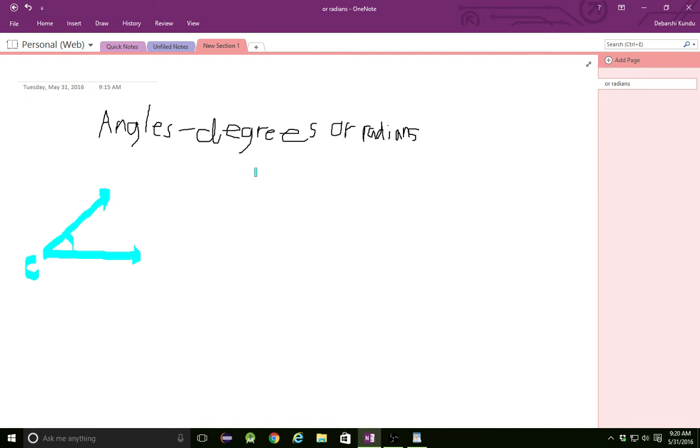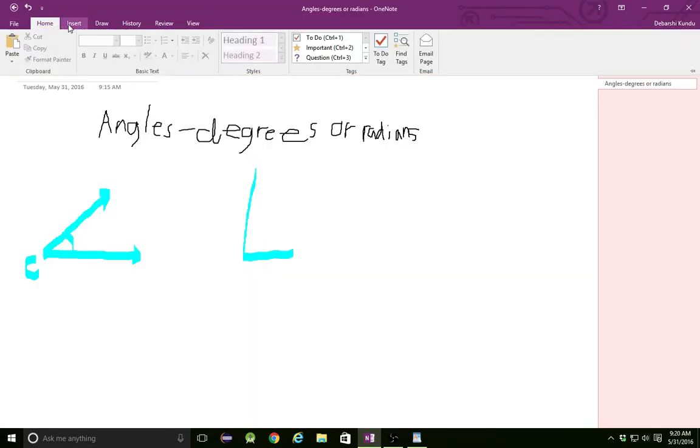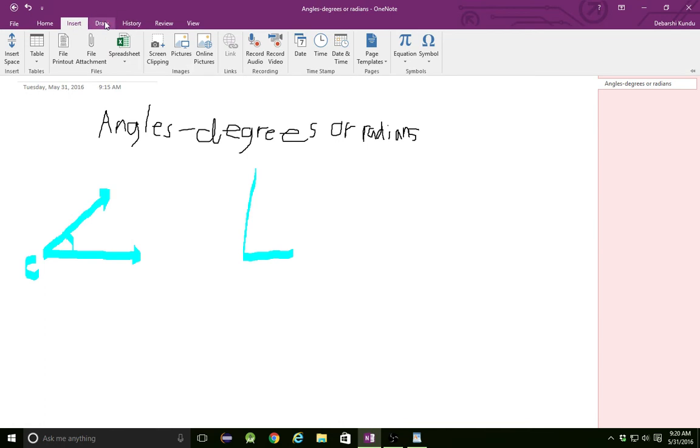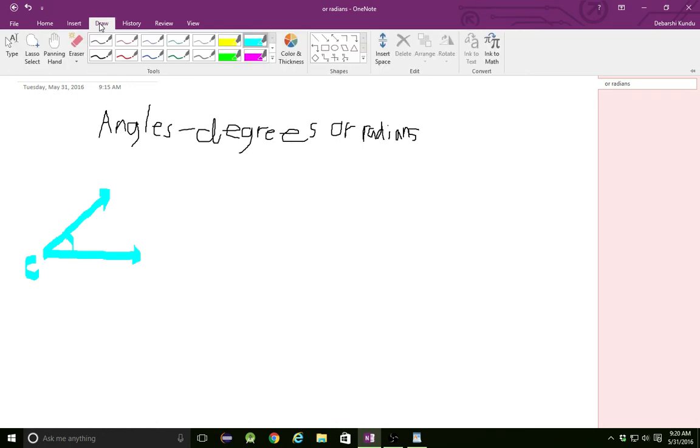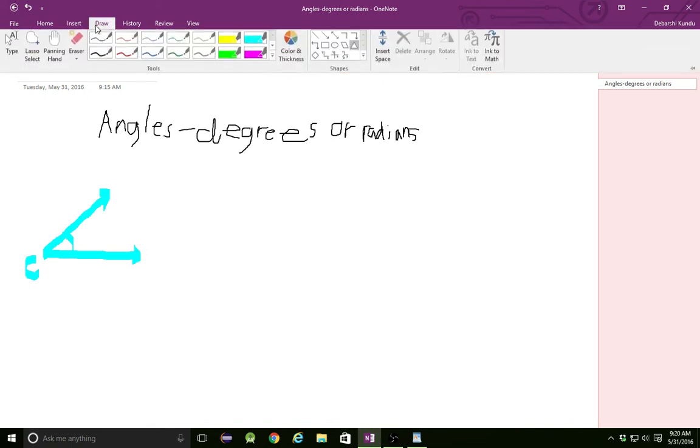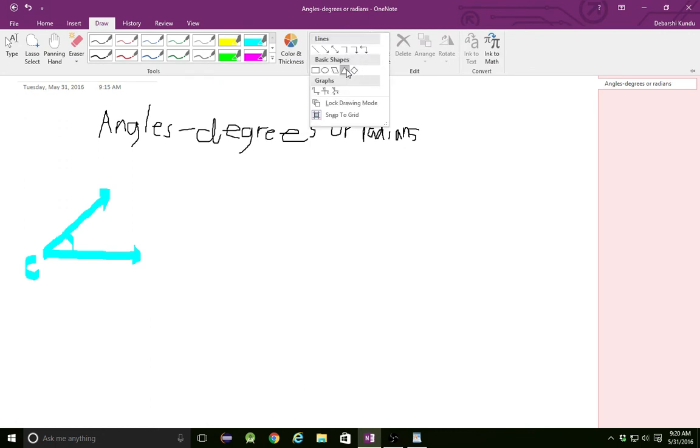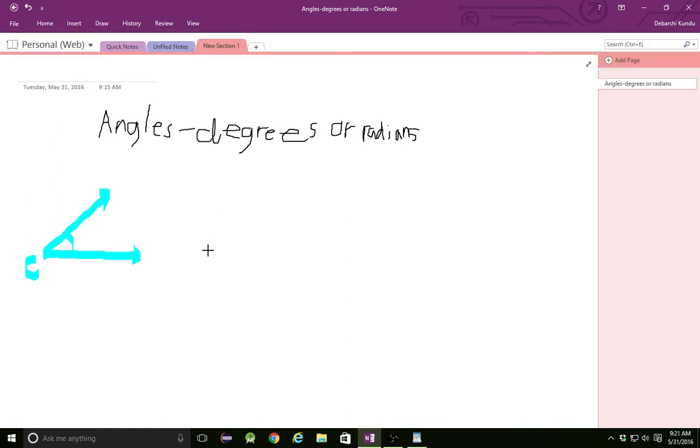A 90 degree angle, or right angle, is essentially something like this.